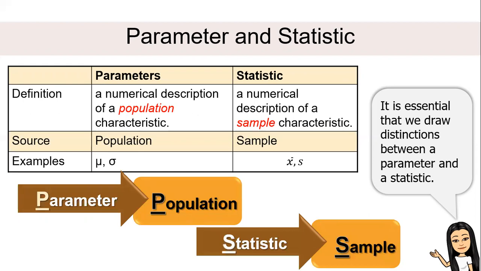Sir, you might ask, sir, how about statistics with S? That term, statistics, could also be the plural of statistic. That is, statistics would mean that there are two or more statistics. Okay, I hope it's clear with us.